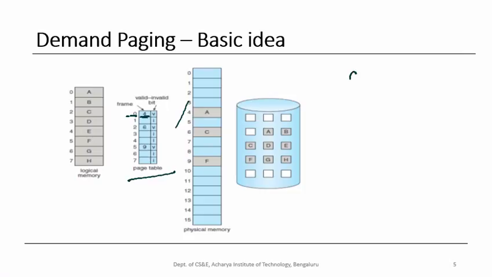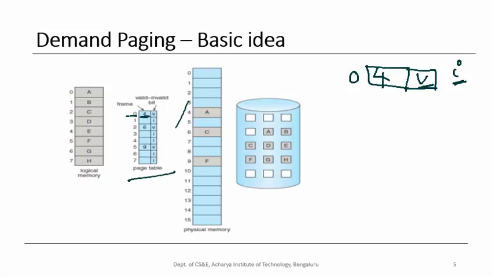Let's say, for example, page 0 is stored at frame number 4 in the main memory, and there is a bit associated with it. It could be V or I. V stands for valid and I stands for invalid. So you can use 1 for a valid page and 0 for an invalid page.